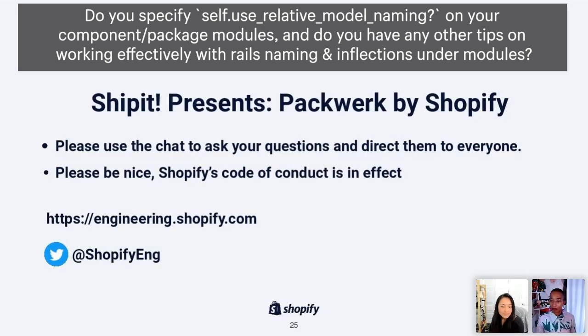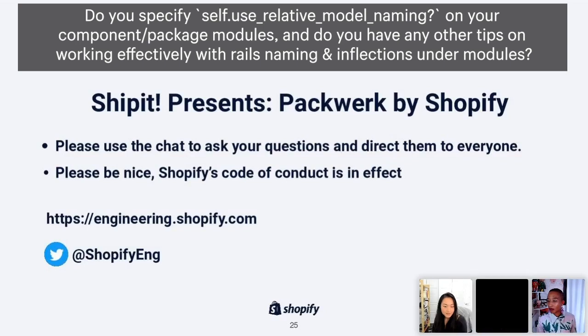And we explicitly did that to more effectively be able to use it on legacy code. We do write all our new code in that way, though, that there's one namespace per package, and all the new code goes into that namespace. And sometimes we do specify table names explicitly in the models, but to be honest, I don't know what use relative model naming is, so I can't really answer that question.